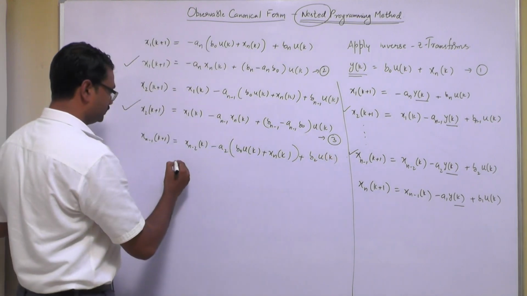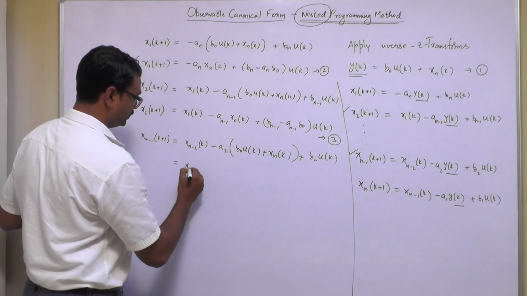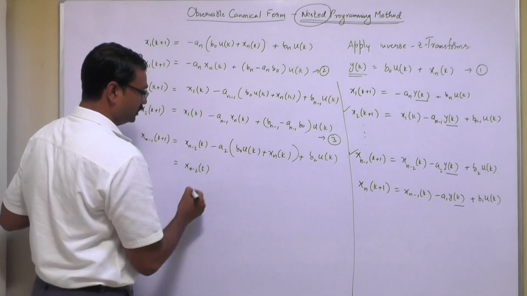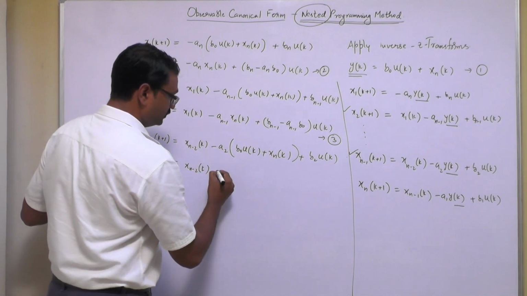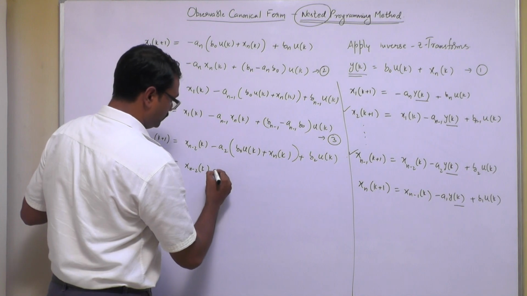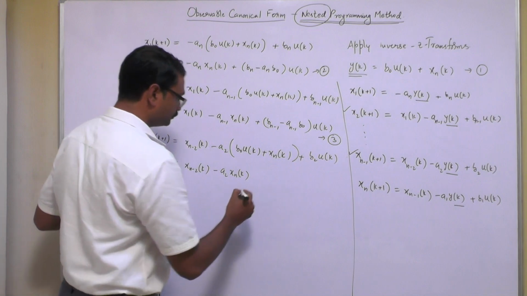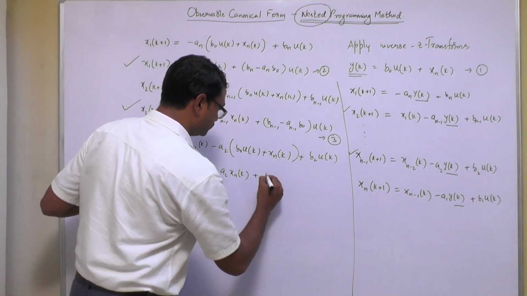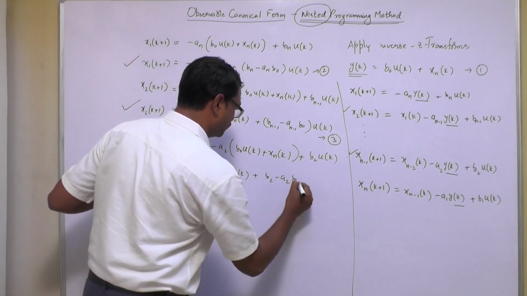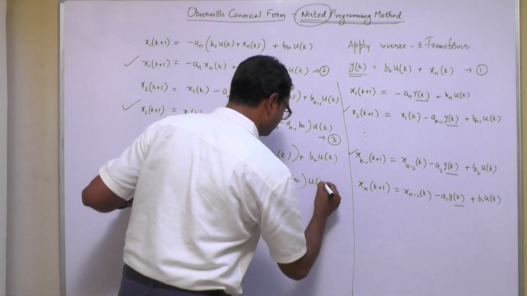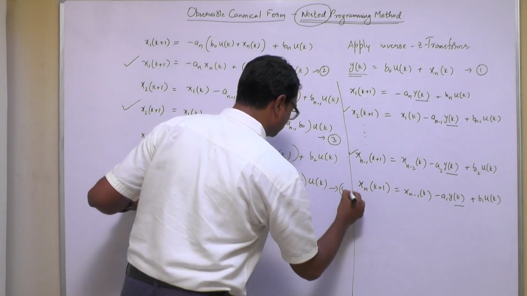Now if you rewrite this equation, you can write it as xn-2(k) - a2 xn(k) + (b2 - a2 b0) u(k). Now this is equation 4.